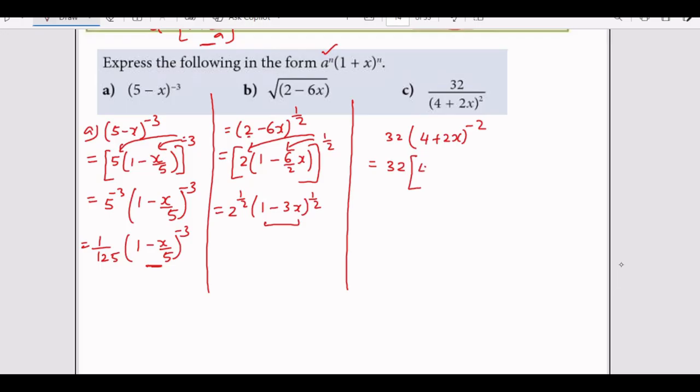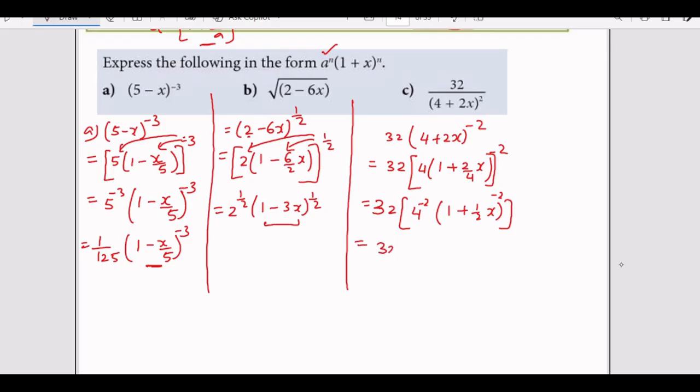When I take 4 common, it's going to be 1 plus 2 over 4 x and the power is minus 2. Now 32 remains as it is outside. Inside we have 4 power negative 2 and 1 plus half x power negative 2.